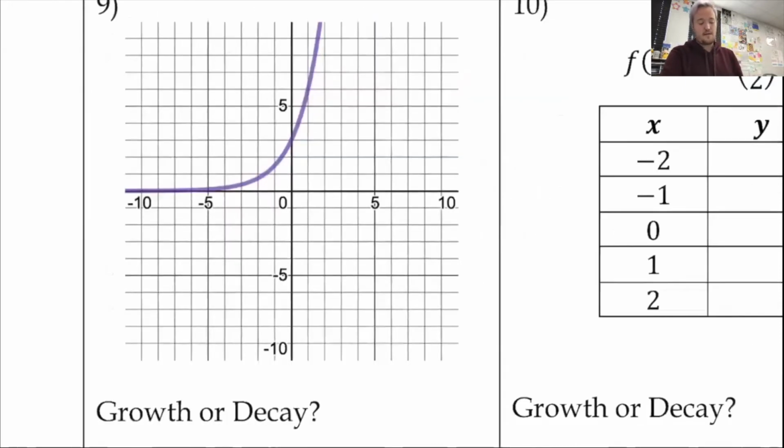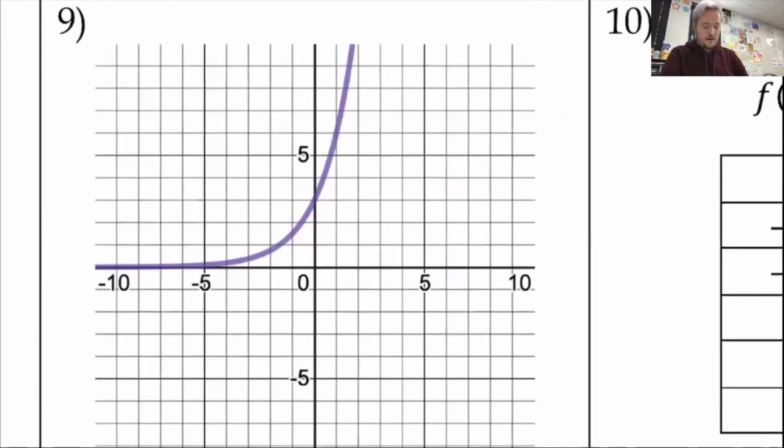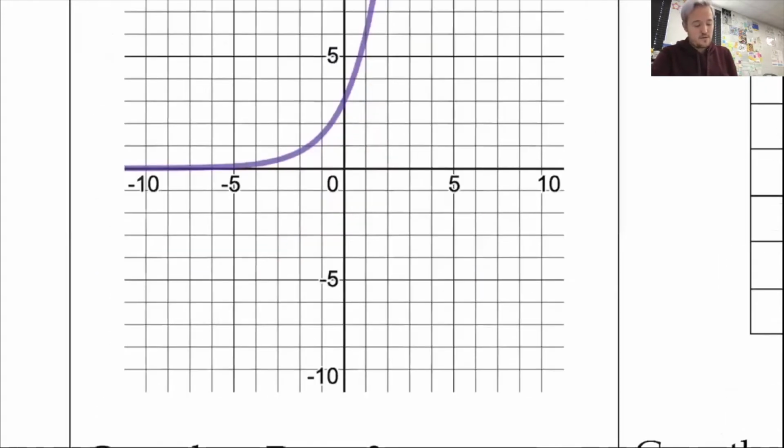So just looking at the end behavior, our graph here is getting closer and closer to positive infinity. So because it's getting closer and closer to positive infinity, that implies that this equation here is going to be a growth.